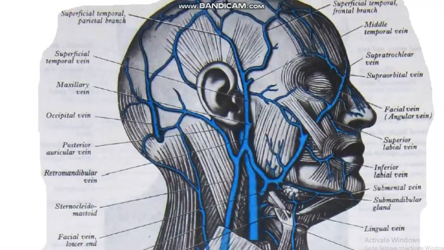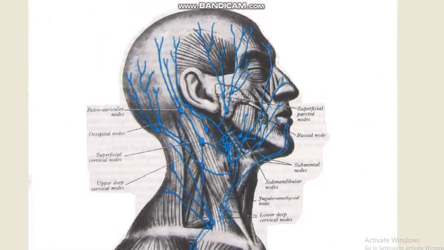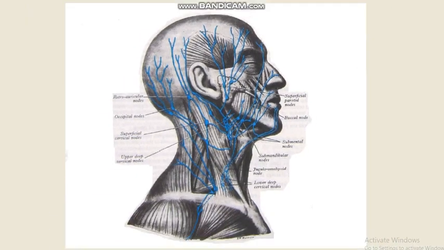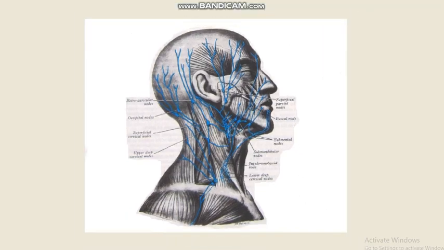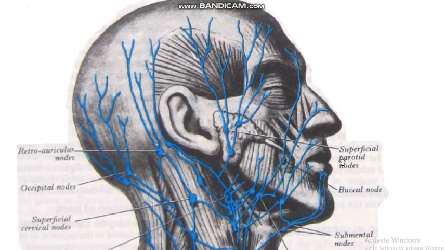Now if you would just spare some time to take a look at the lymphatics of the face. See, this is the lymphatic drainage picture of the face, and in this picture you can make out that the lymphatic drainage of the face can be divided into certain segments.